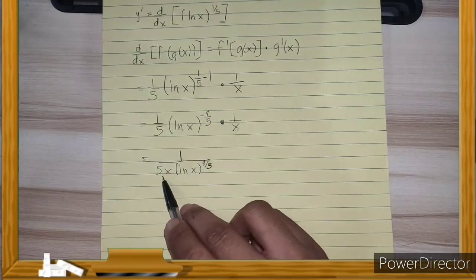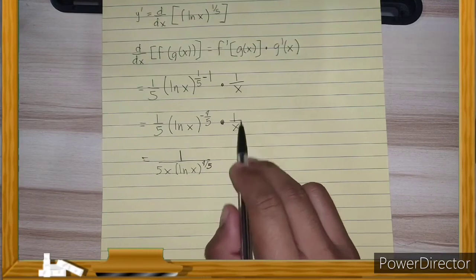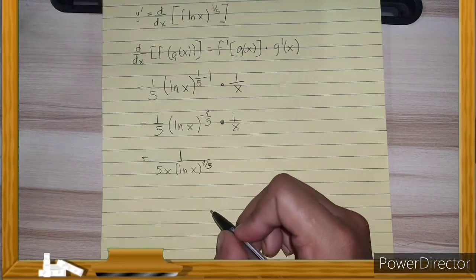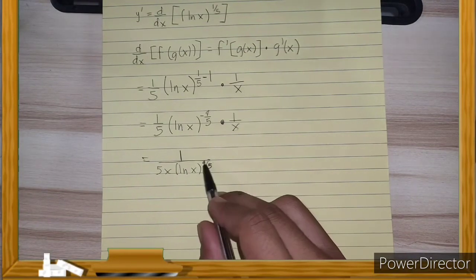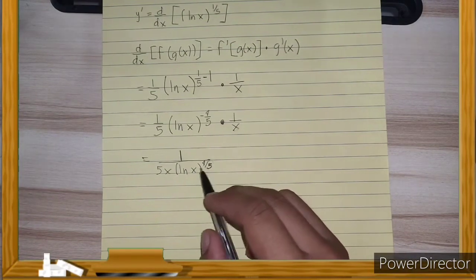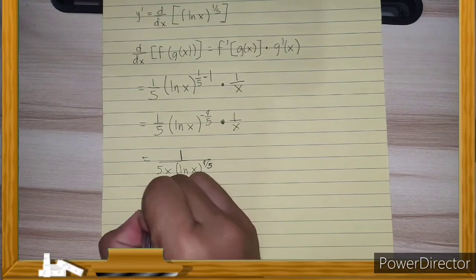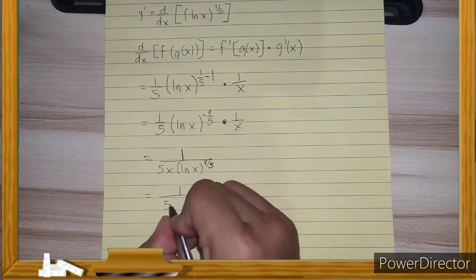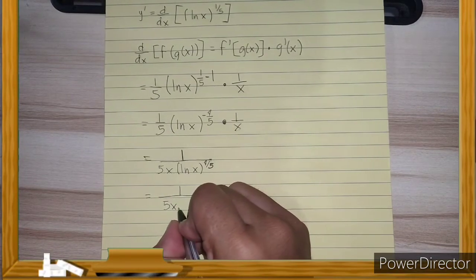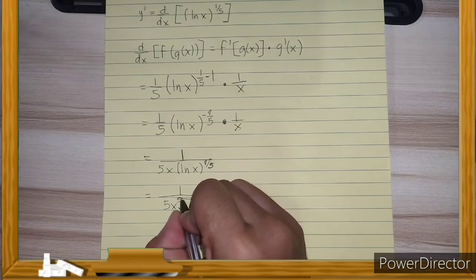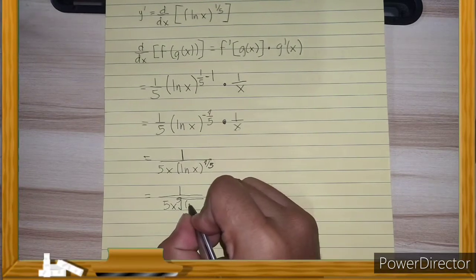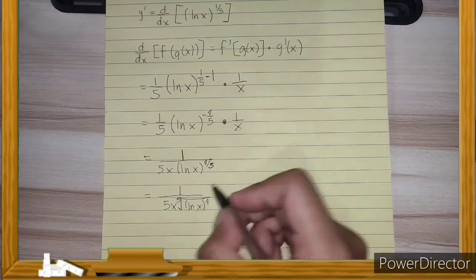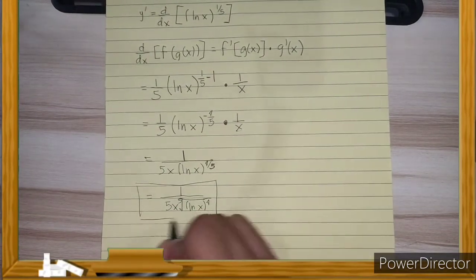So it becomes 5x because we multiply this side to the opposite side. So next, we need to simplify this 4 over 5. So it will be 5x times the 5th root of ln x raised to 4. So this is our final answer.